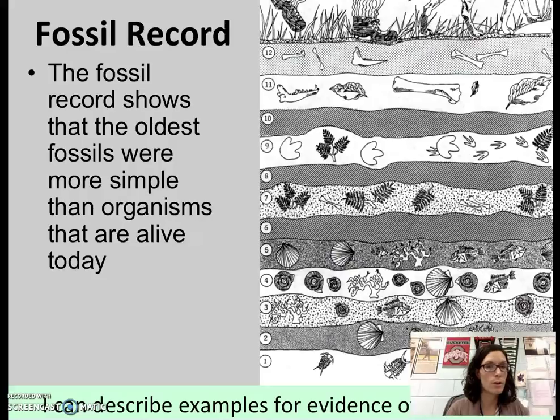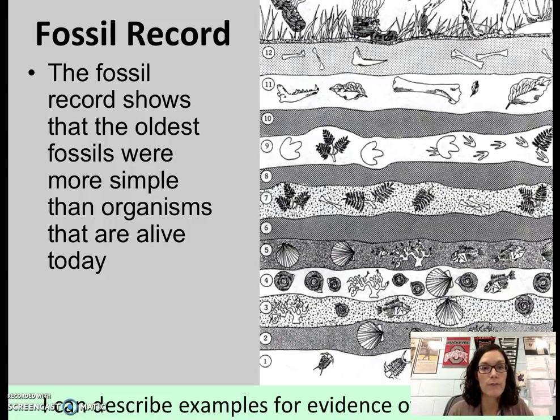All right, so we learned about the fossil record in the geology unit. So we know that it is a record of all the fossils found by scientists on Earth. And we know that simpler organisms were found to be the oldest, so in the oldest rock.